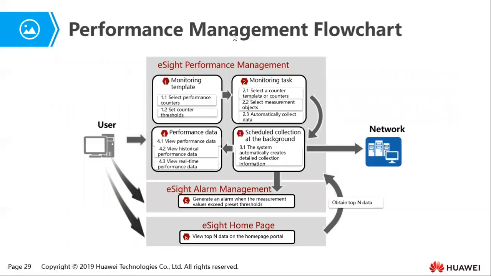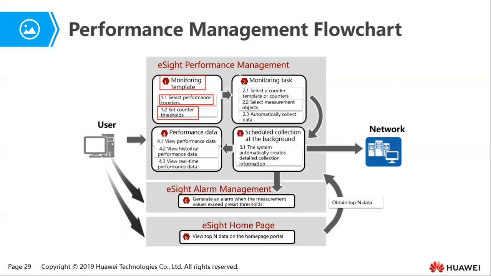So performance management flowchart, let's go through this. Number one, you can create a monitoring template. In creating a monitoring template, you can select the performance counters and set the counter thresholds.